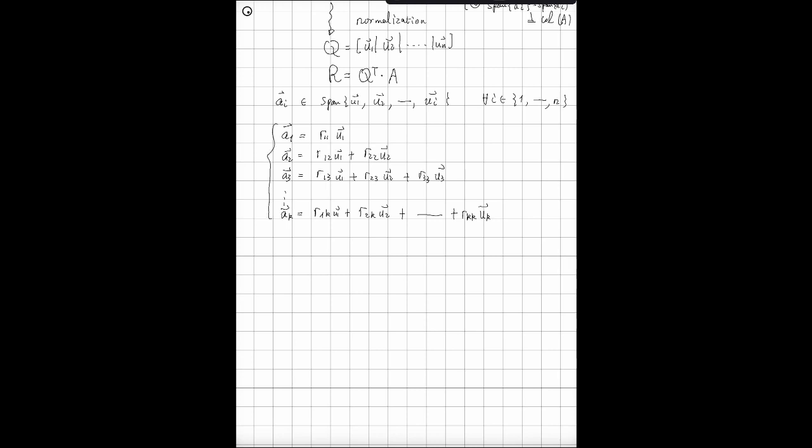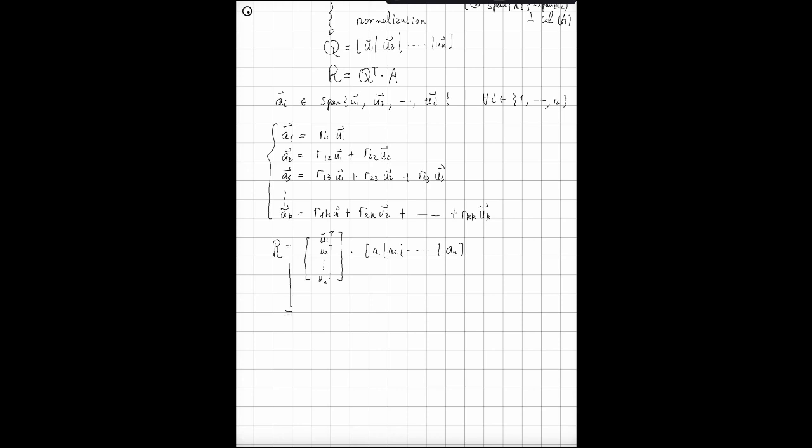And then what is R? R is Q transpose times A. So U1 transpose, U2 transpose, Un transpose times A, which is A1, A2, An.